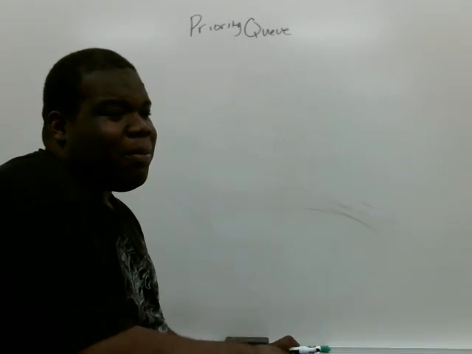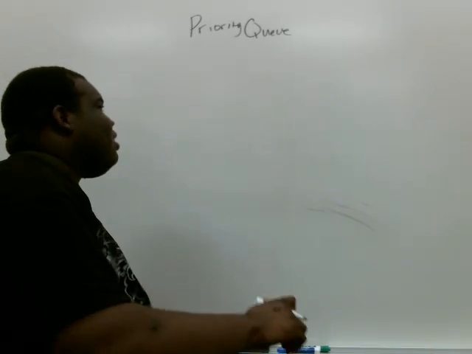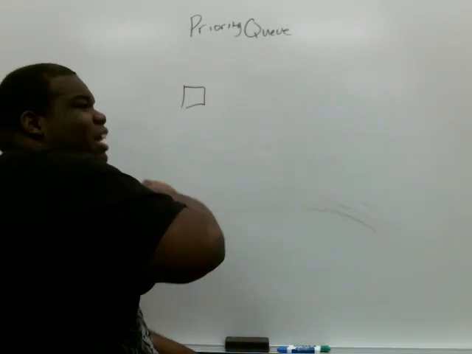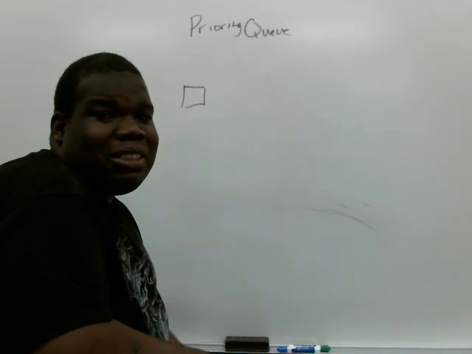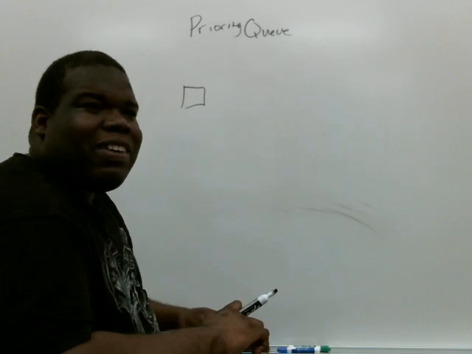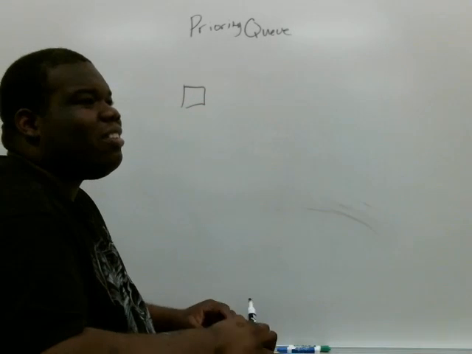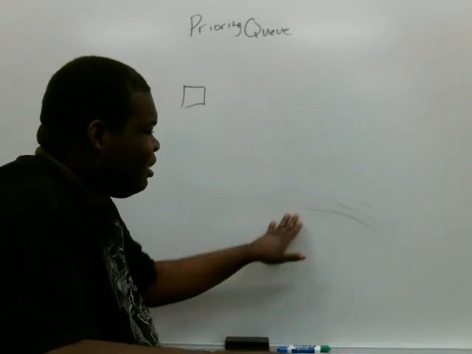A good way to think about a priority queue is, say that you had a printer, and the printer has several jobs. Many people use this printer, from the president all the way down to a middle school or high school student.